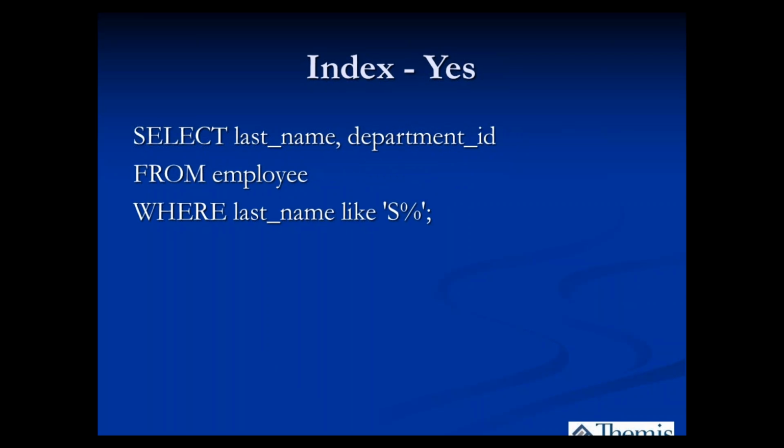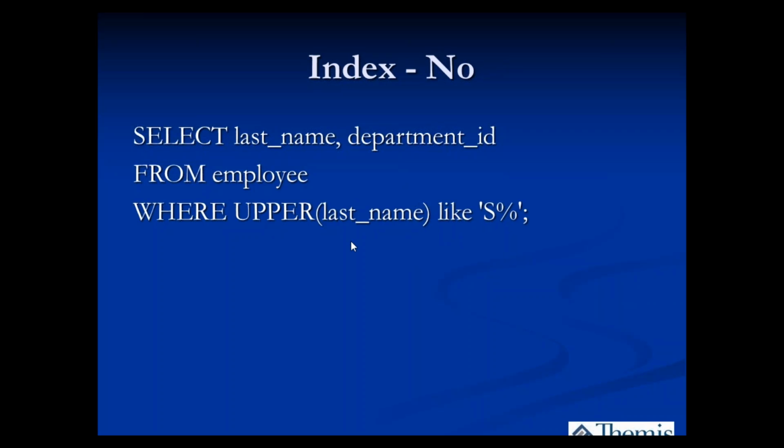All right, how about these wildcards? So these can make a difference too as to where that wildcard character is. So we know we have a like operator here, and then we can use a % wildcard character or an underscore wildcard character there. If that wildcard character, like in this case the % is not the leading part of the string, then we have a good chance for the optimizer to choose our index.